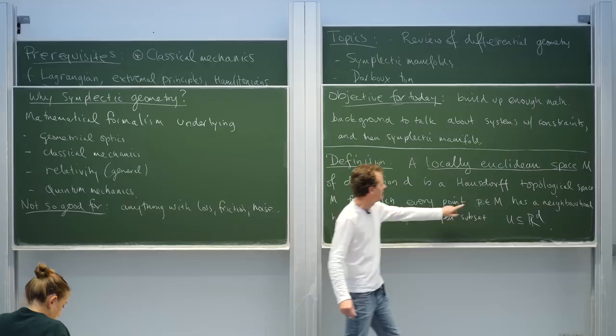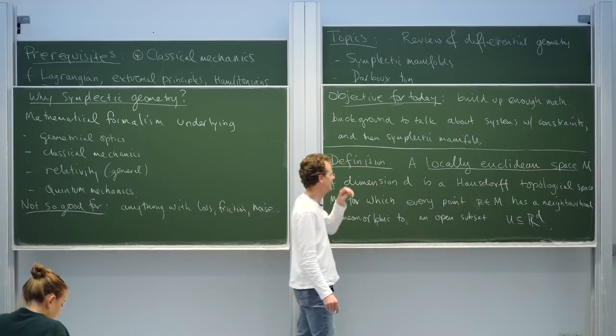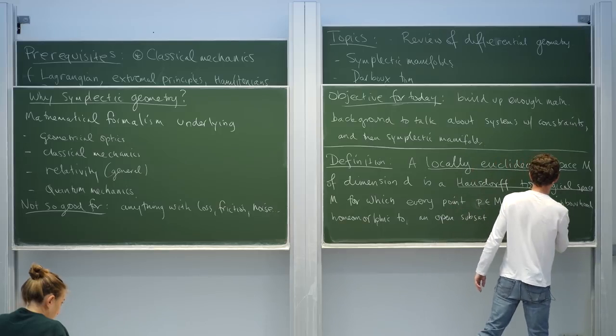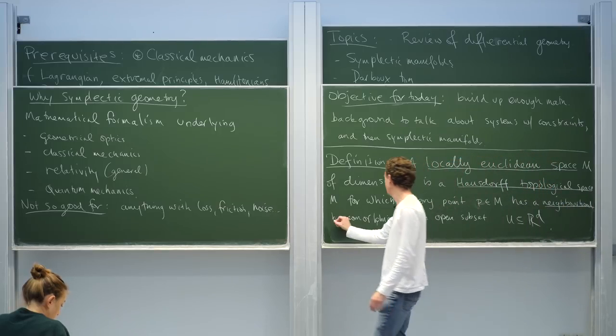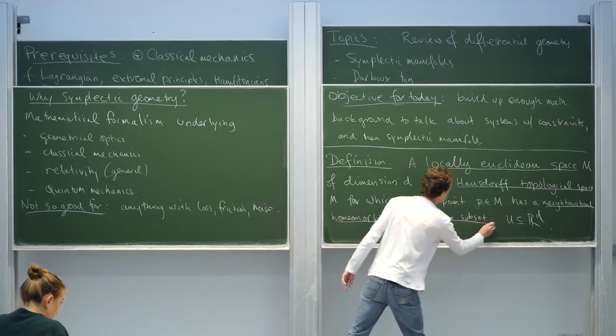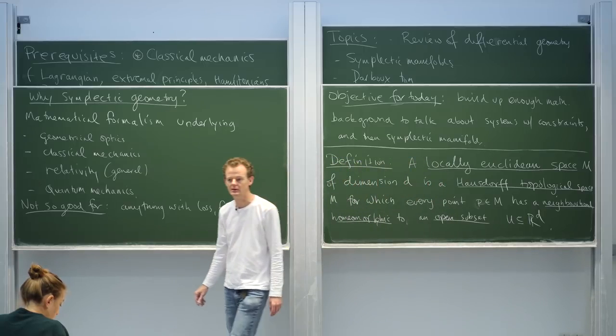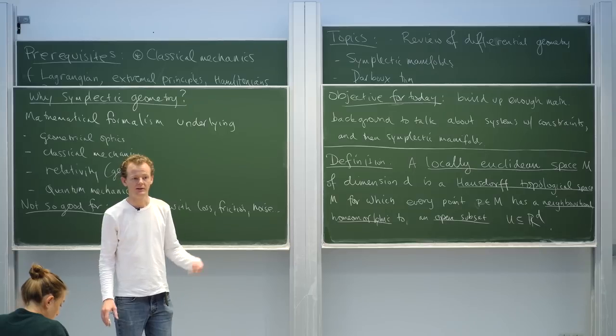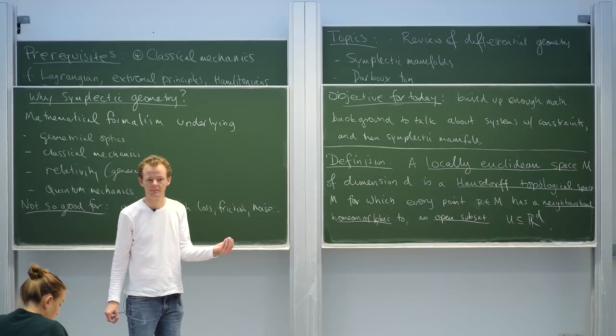For which every point in this space has a neighborhood. That's also a technical term. I'm going to underline the technical terms. Neighborhood, homeomorphic to an open subset of R^d. So that's the way of capturing this physical notion that every point looks kind of like Euclidean space.